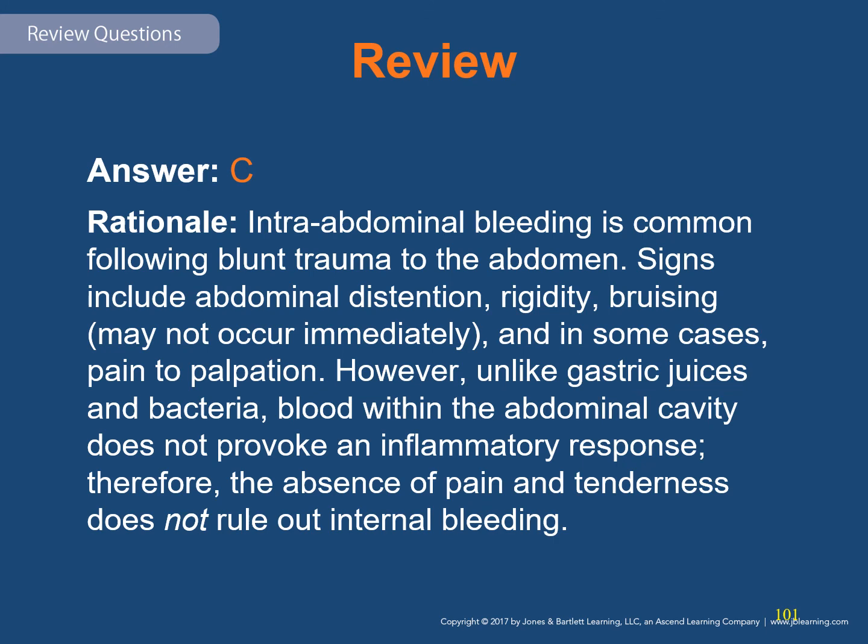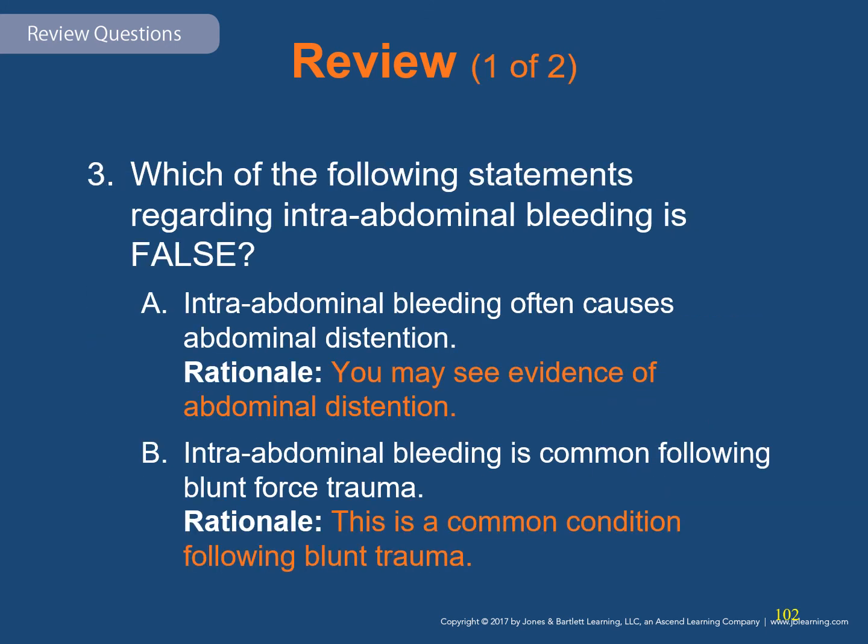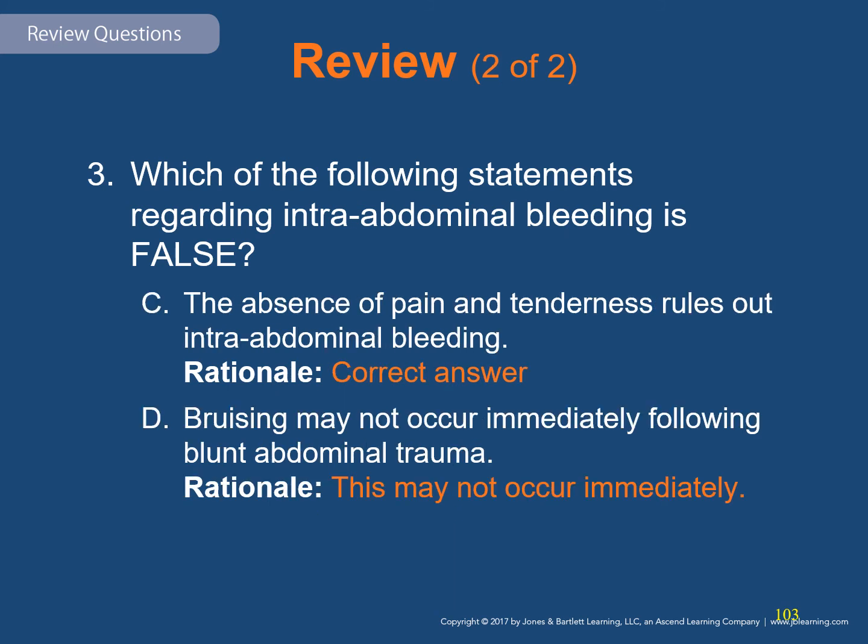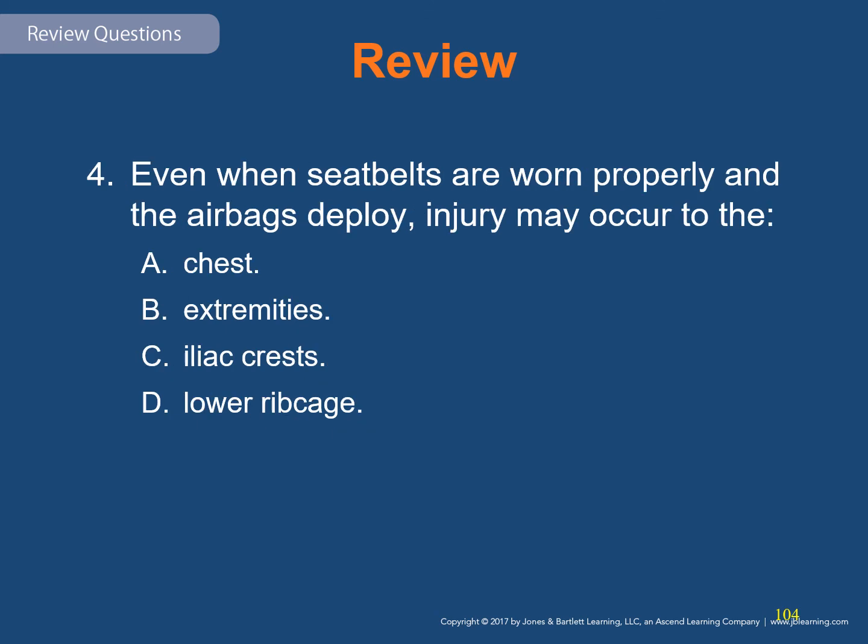Therefore, the absence of pain and tenderness does not rule out internal bleeding. Answer A. You may see evidence of this as abdominal distension. B. This is a common condition following blunt trauma. The correct answer is C. D. This may not occur immediately.